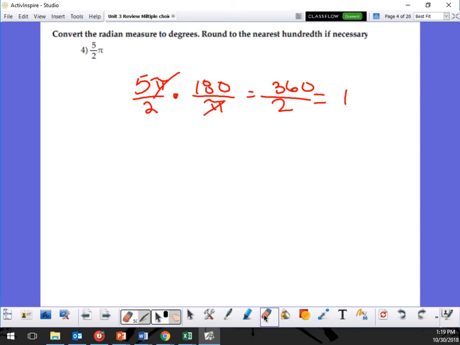It's supposed to be 5 times 180, which is 900. Then 900 over 2 gives me 450 degrees right there. C.